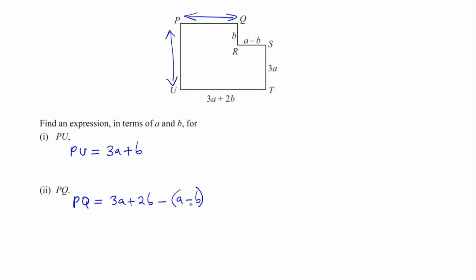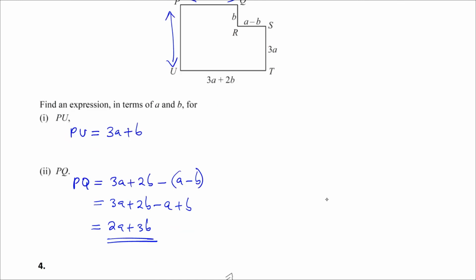It's very important to put this in brackets, otherwise the resulting operations won't be the same. So we'll end up with 3A plus 2B minus A plus B, which simplifies to 2A plus 3B. And that will be the expression representing the length PQ.